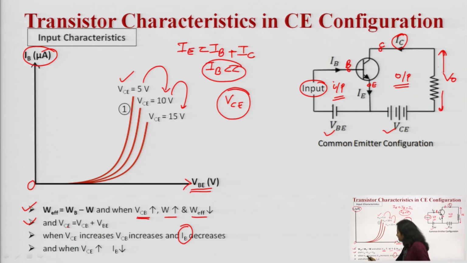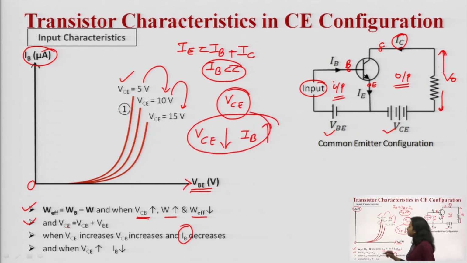If VCE decreases, VCB decreases and IB will increase. For VCE less than 5 volt, for 2 volt, you can draw over here. In this particular way, you can plot the input characteristic curve for the common emitter configuration.